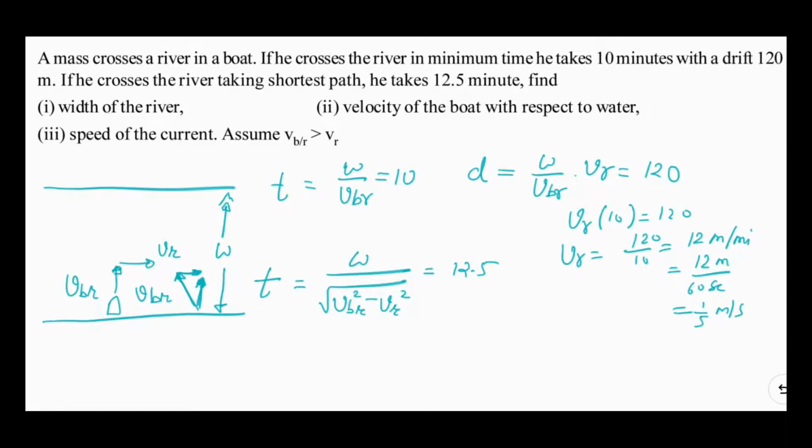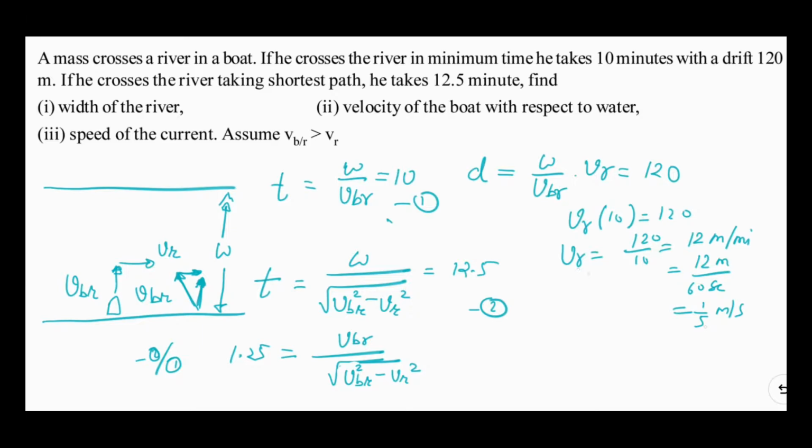So if we divide those two expressions, expression 2 by expression 1, I will get 12.5 by 10, which is 1.25, equal to VBR by root over VBR square minus VR square, as the width gets cancelled out. So I am getting this expression.